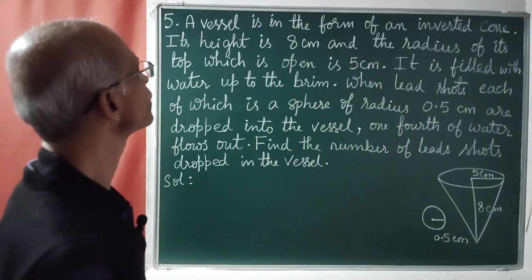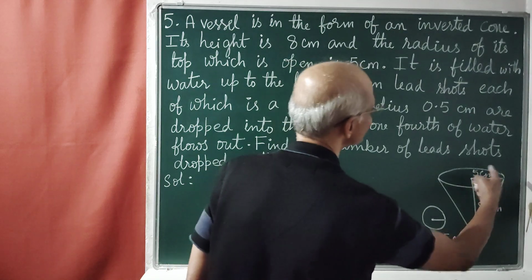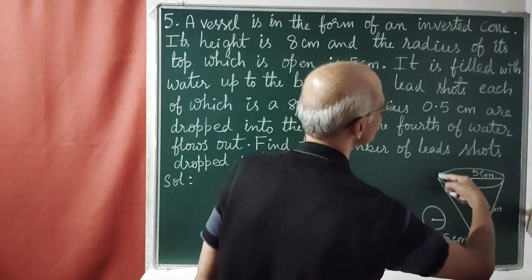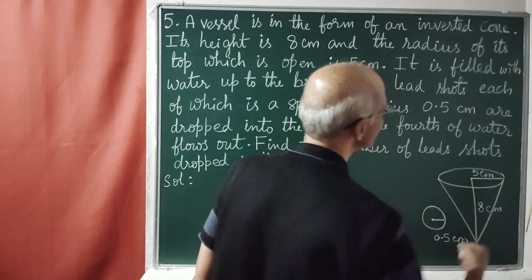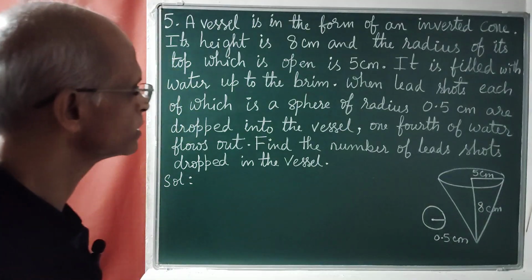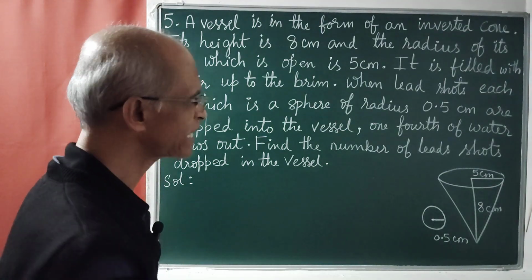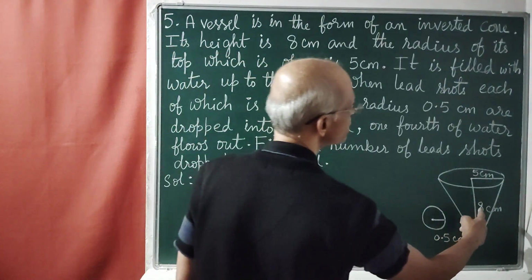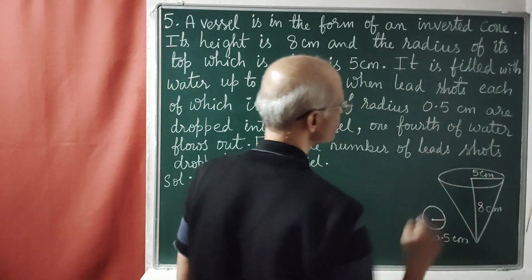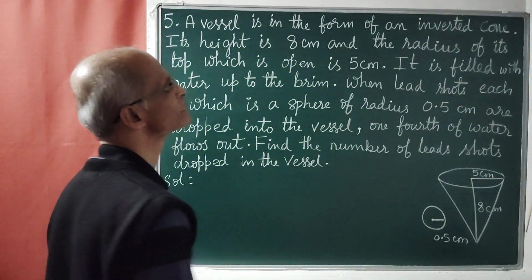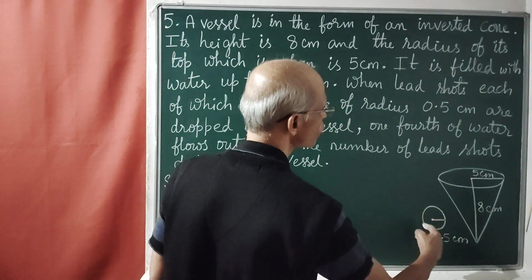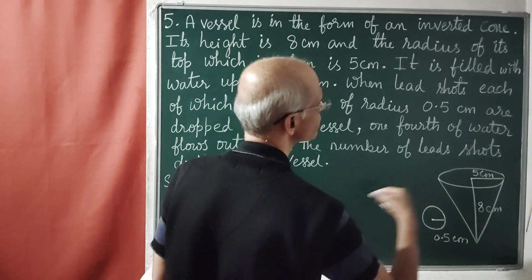So here we have got a vessel. It is open from top. It's the shape of a cone. Its height is given. It is also given. Now the lead shots, they are the form of a sphere.